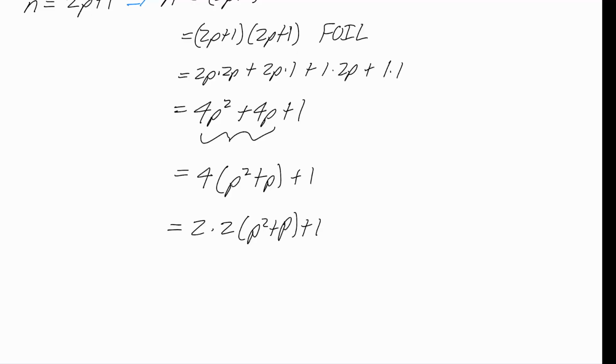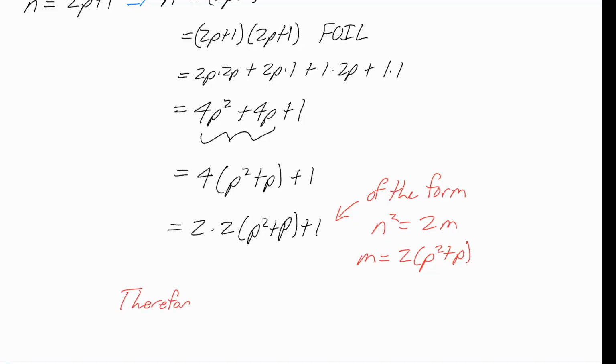And notice this is also of the form n squared equals 2m plus 1, where m in this case is 2p squared plus 2p. Therefore, n squared is odd if n is odd. That's just a couple of quick what we call direct proofs in number theory.